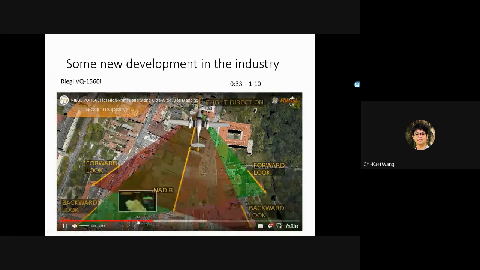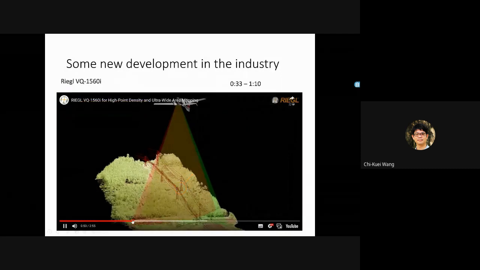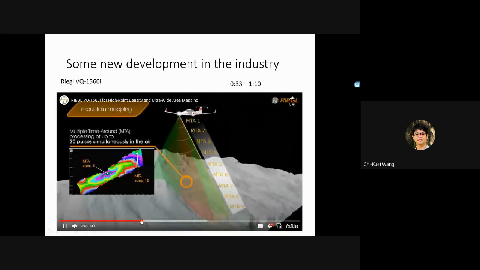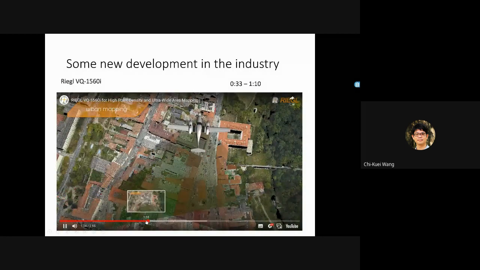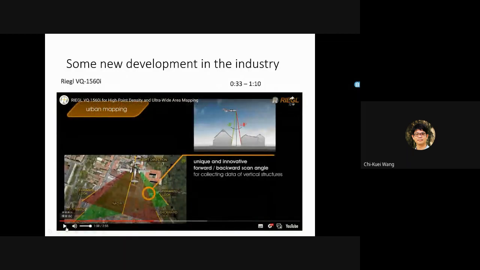Okay, this is what I want to say: with some angle difference, you can get more data. You can get more points on your buildings.